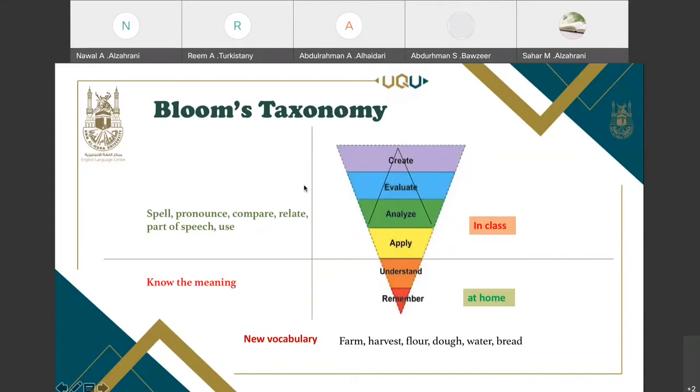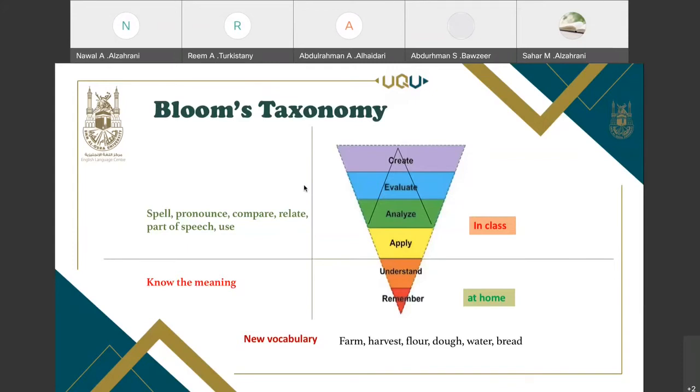For example, I'm going to prepare lots of exercises regarding spelling and pronunciation, because at the end, I don't want the students only to know, I want them to use. So by the end of the lesson, I want the students to use these words in a meaningful sentence. However, for example, do I want them to use it in speaking, in situations, or do I want them to use it in a paragraph, for example? So I'm going to prepare lots of activities.